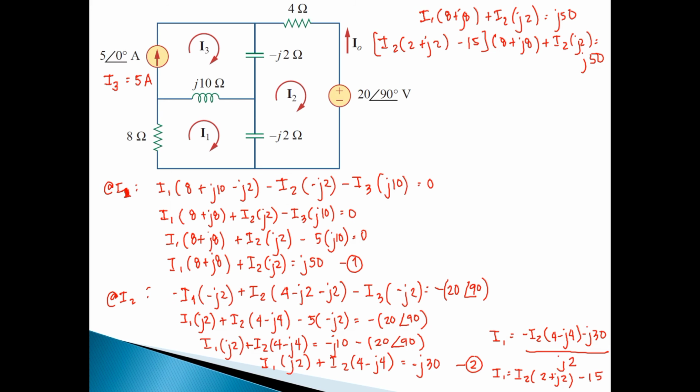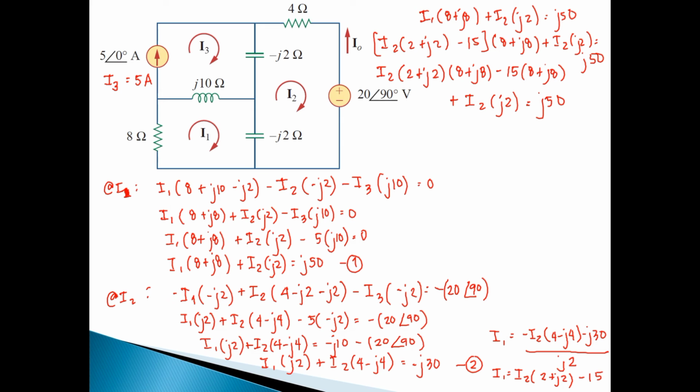Simplifying, we'll have I2 times 2 plus j2 times 8 plus j8, minus 15 times 8 plus j8, plus I2 times j2, equal to j50.